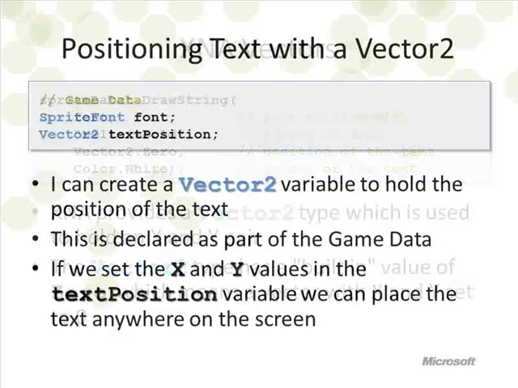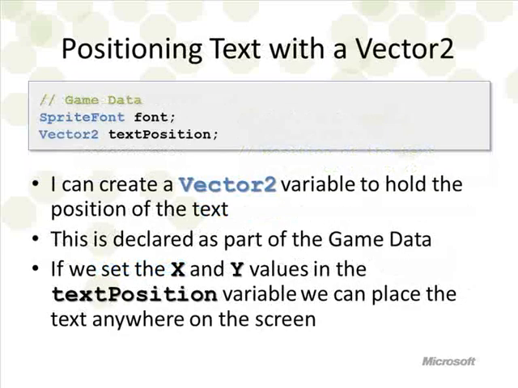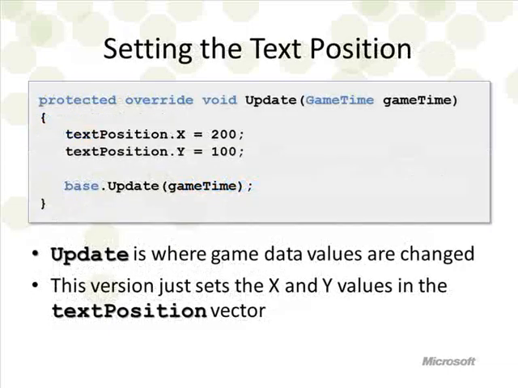But if I want to, I can make a new game data variable which I could call text position, and that could be somewhere else on the screen. So I'll store this along with my font, and if I want to during the game I can change where the text is positioned and make it appear to move around the screen. If you want to do one of those scrolling titles like they have at the end of TV shows, then moving the text position around is exactly what you would do.